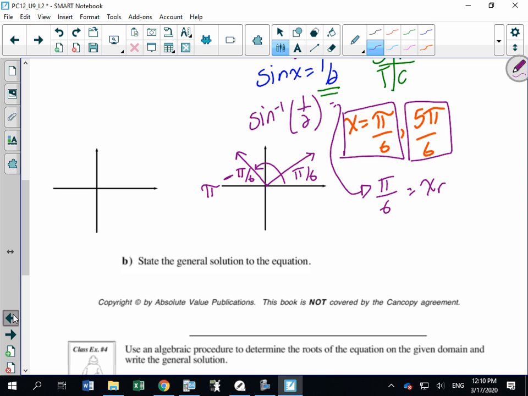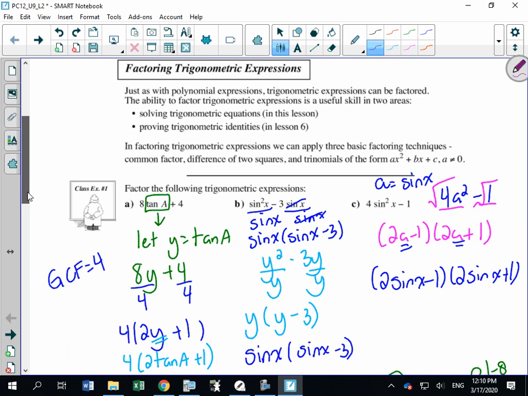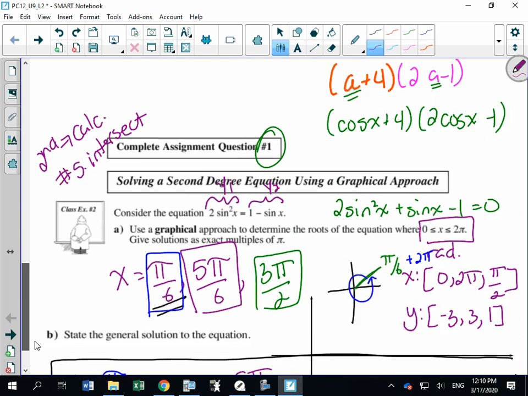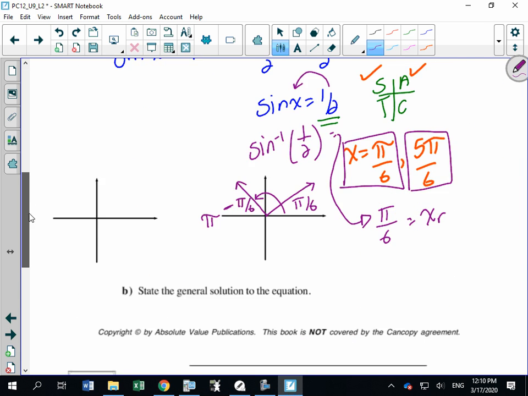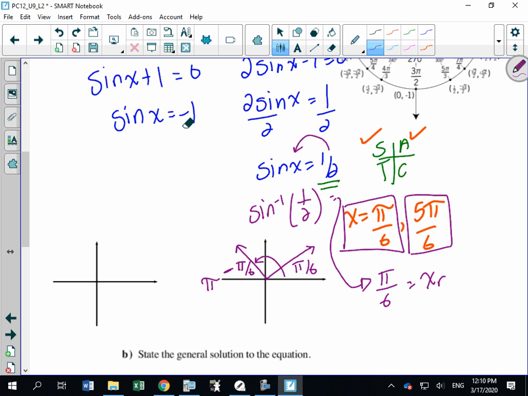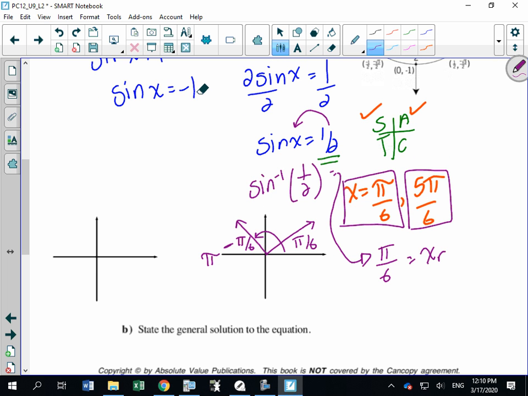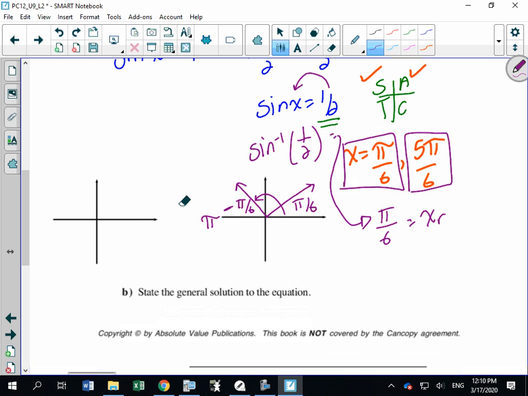If I just go back to this class example 2, we had pi over 6 and 5 pi over 6. So we've got these two here. How do we get this last one? That last one is going to be from sine of x is equal to -1. What you have to realize is that if you have -1 here or 0 here, you are on your axes. So put your 4 coordinates on: here, here, here, and here.